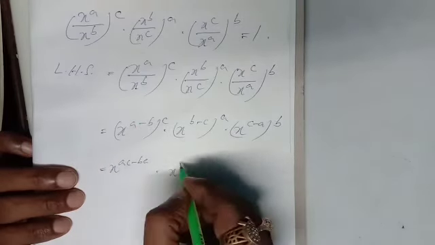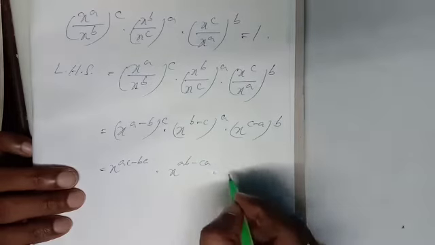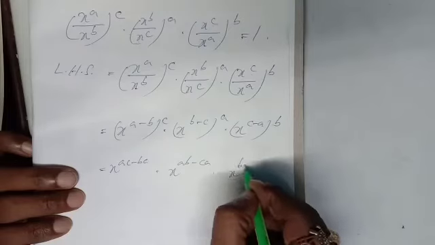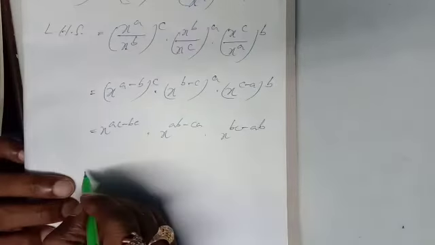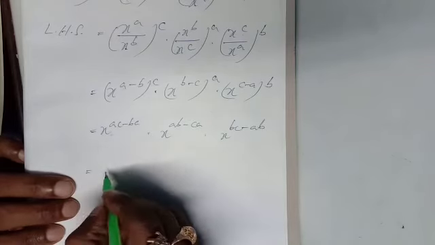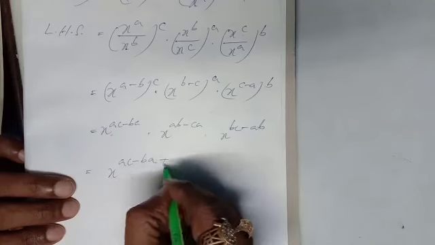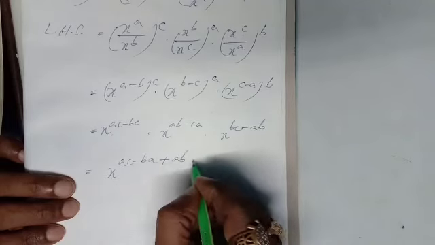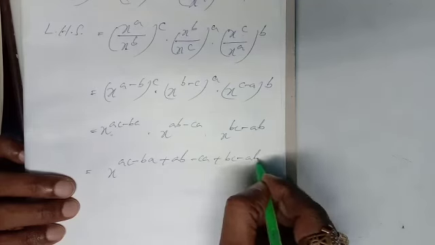Again x to the power ab minus ca, a is multiplied. Next one, x to the power bc minus ab. After that, all the powers you have to add because the base is same. x to the power ac minus bc plus ab minus ca plus bc minus ab.